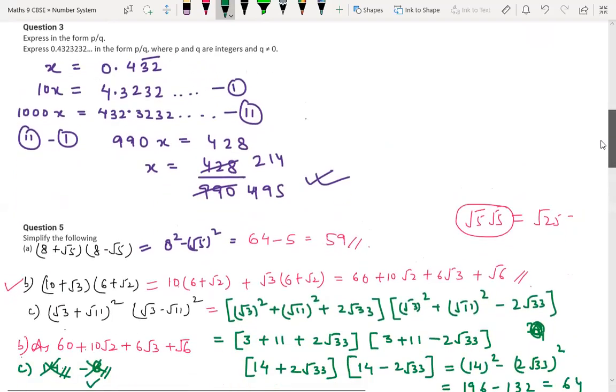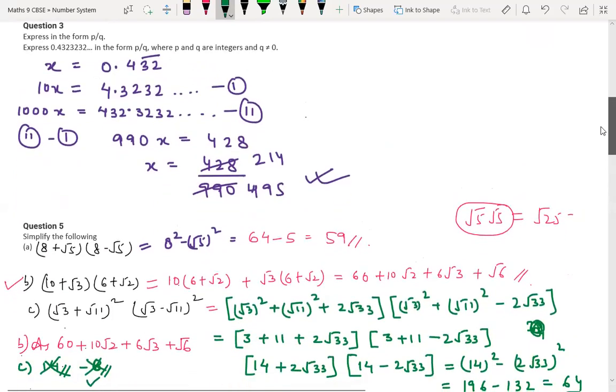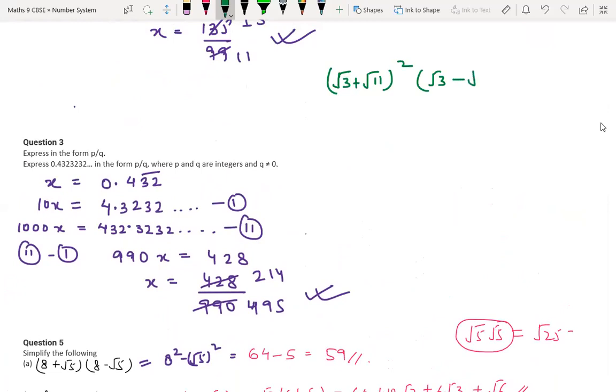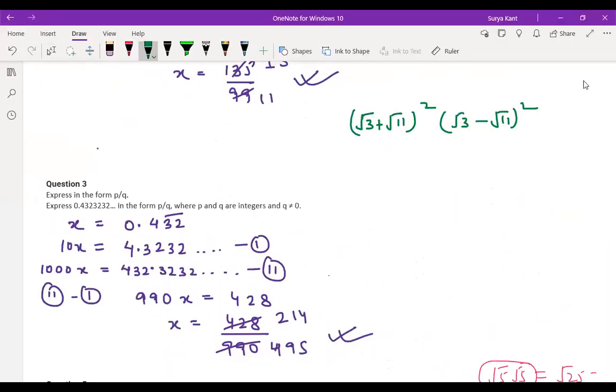Root 3 plus 11 whole square, right? Root 3 minus root 11 whole square. Is it the correct question? Yes, sir, same question. Okay, fine.